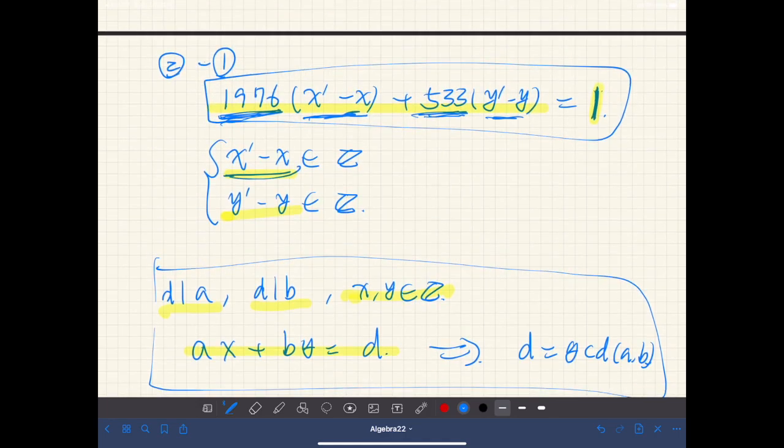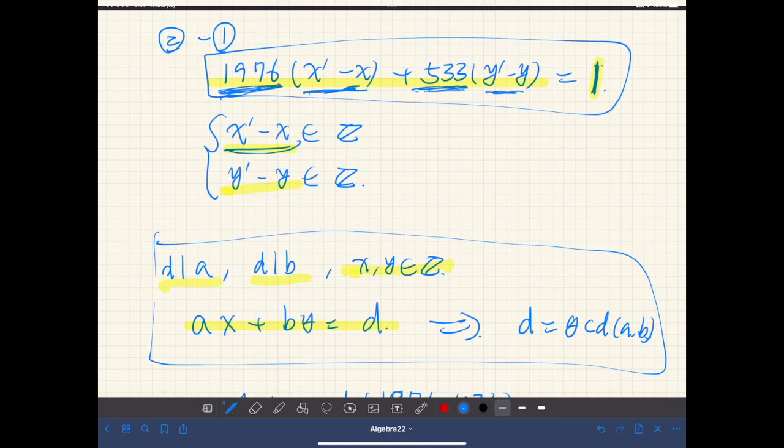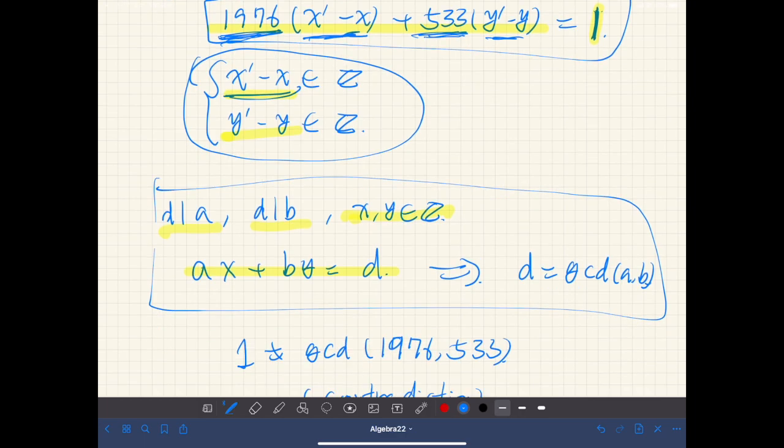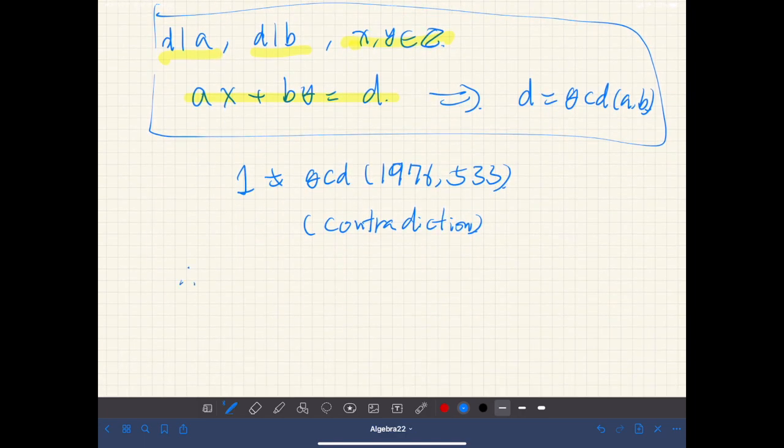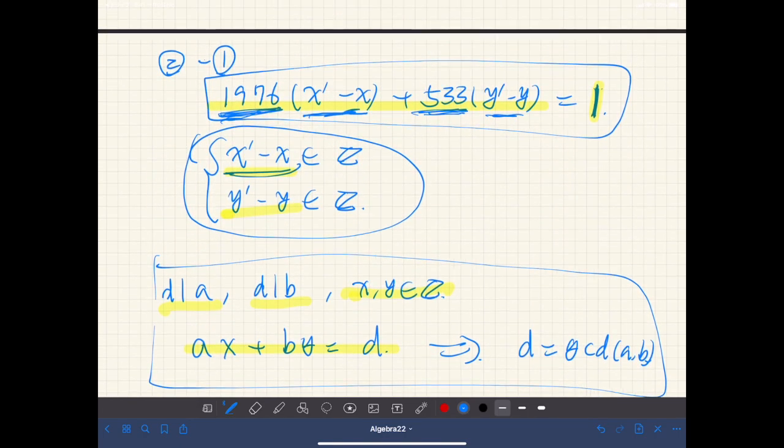So there was something wrong in our assumption, and the only assumption that can be violated here is this one. Therefore, there are no integers x prime and y prime such that x prime minus x and y prime minus y satisfy this equation.